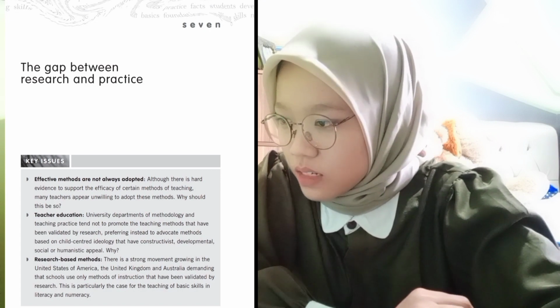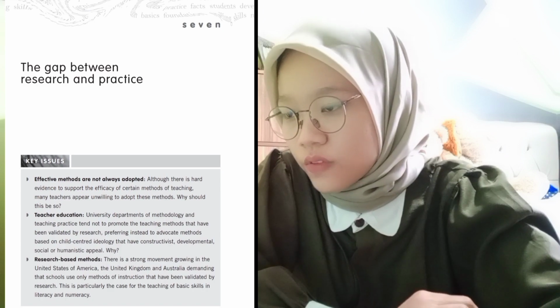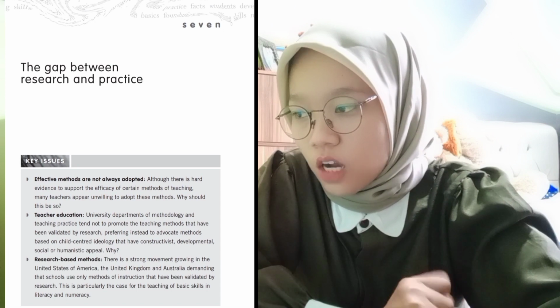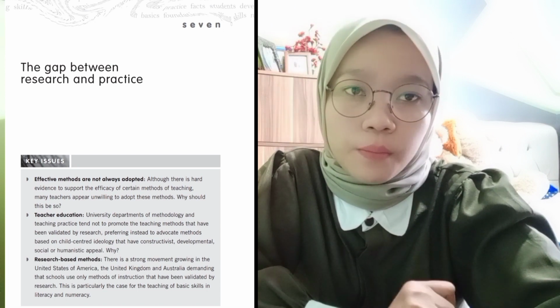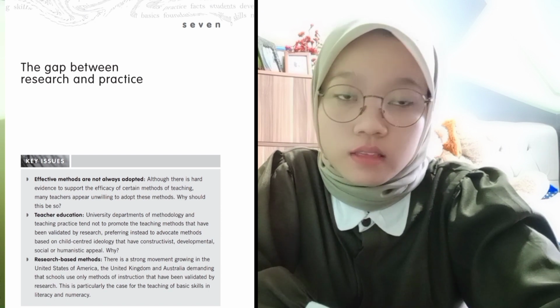Alright, moving to the last chapter in this textbook. The chapter is the gap between research and practice. This chapter is about methods that support the effectiveness of certain teaching and includes the choice of method between research and practice about teaching with students.